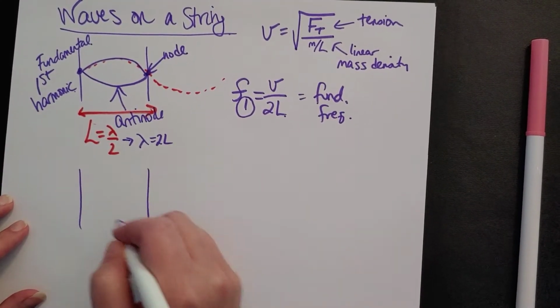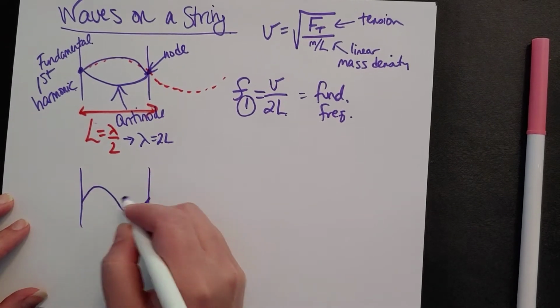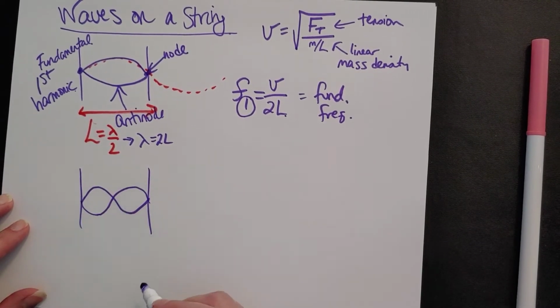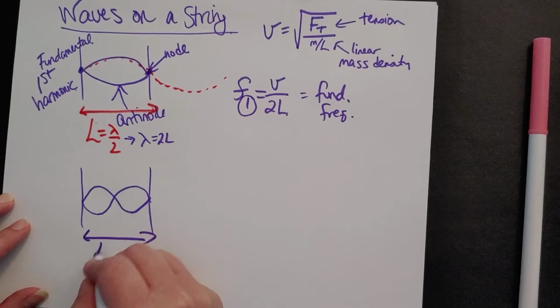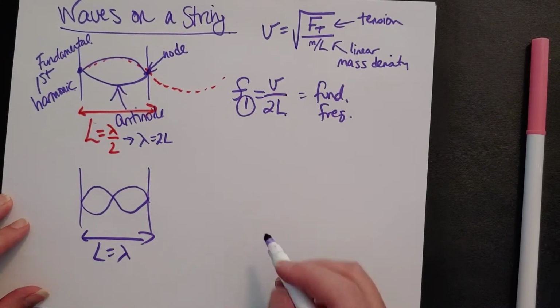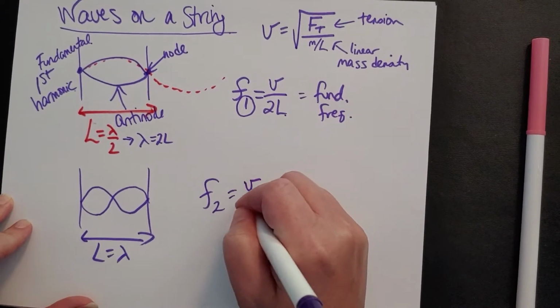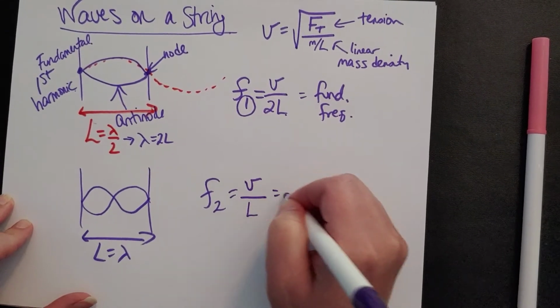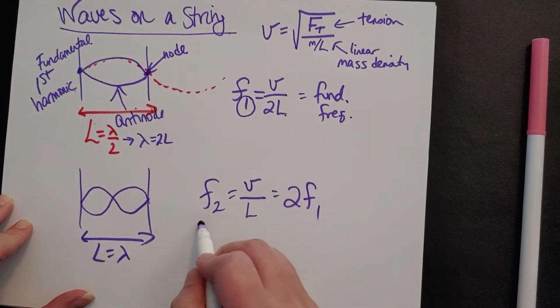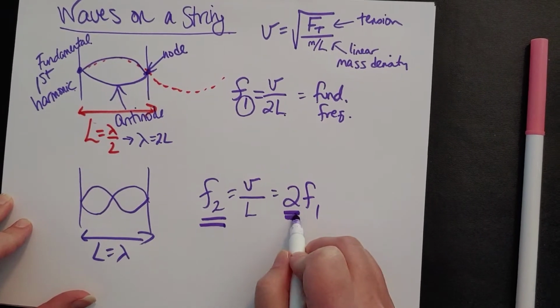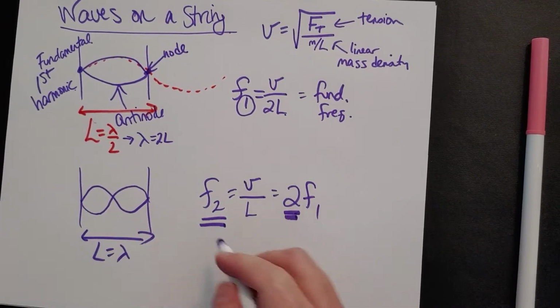The second harmonic looks like that, and L is lambda, right? So this is v over lambda, so v over L. And that f2 is equal to 2 f1, okay?